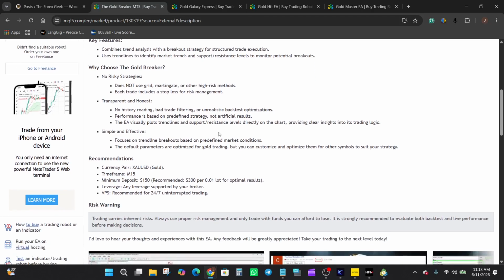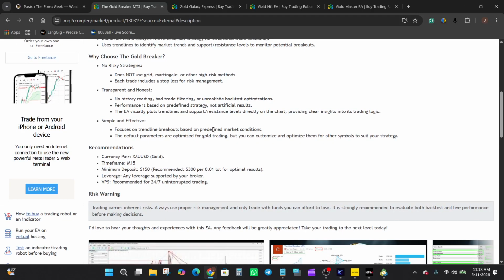For recommendations, the EA is primarily designed for XAUUSD on the M15 time frame, with a minimum deposit suggestion of $150, though they recommend about $300 per 0.01 lot for more stable usage.